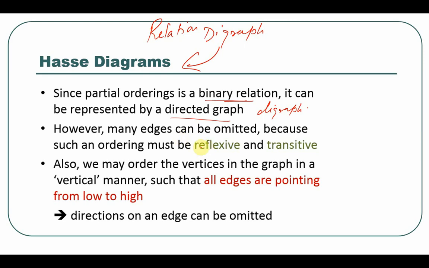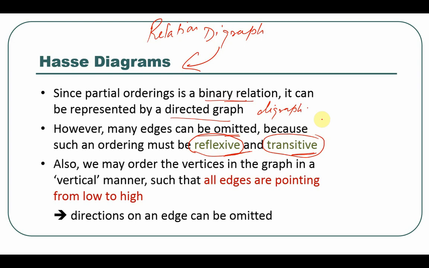First of all, many edges can be omitted. As I know, if it is a Hasse diagram, that means it is going to represent a partially ordered relation. So I can eliminate those edges which are actually representing the reflexivity and transitivity, because as it is representing a partially ordered relation, obviously it is going to be reflexive and transitive.